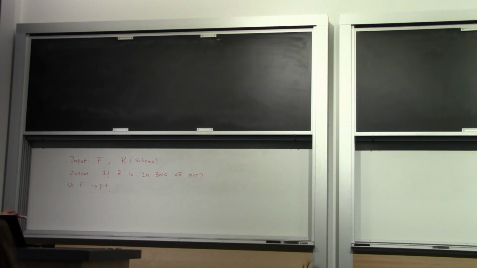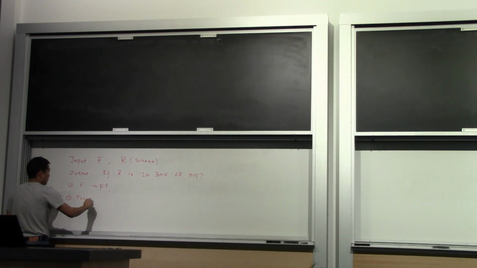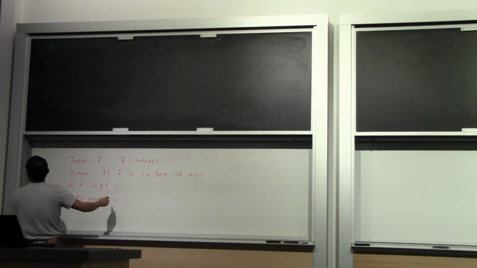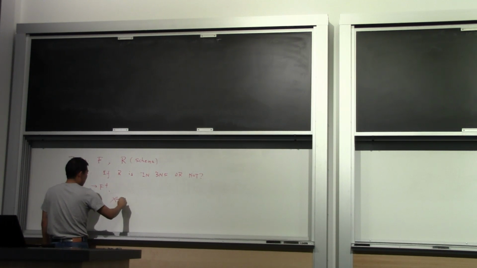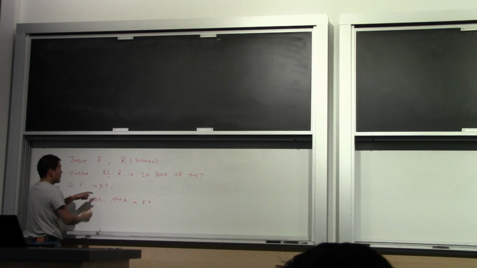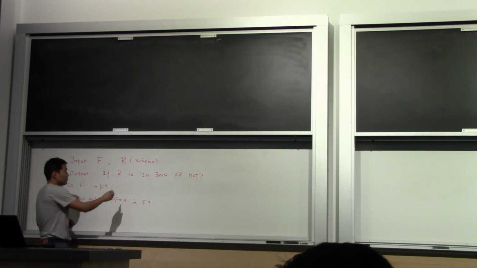Okay? Then the requirement is, for each X determining A in the closure of F. Because here, if you think about closure of F, you can think about this as a set of functional dependencies, right?